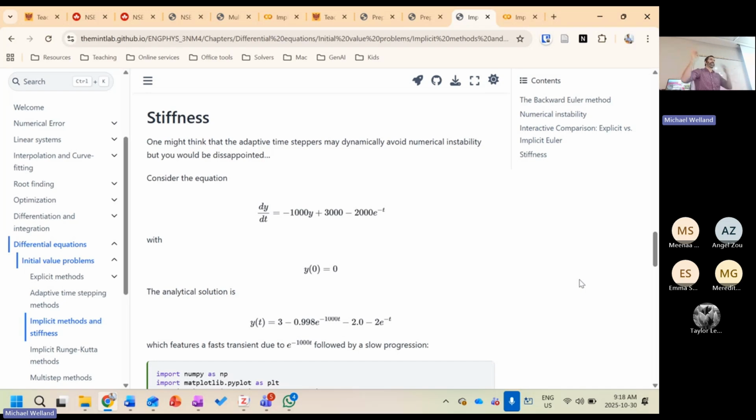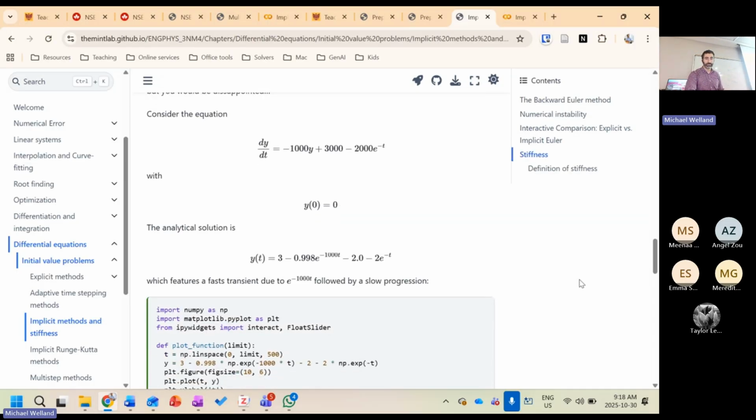That fast transient, that sharp behavior, is one of the warning alerts that you're going to have a stiff problem. It's not the only one. Sometimes stiffness is just there regardless, but this is at least one of the criteria that leads to it. Okay, and the problem is that this happened with exponential decay, exponential growth. It doesn't get any easier than that.